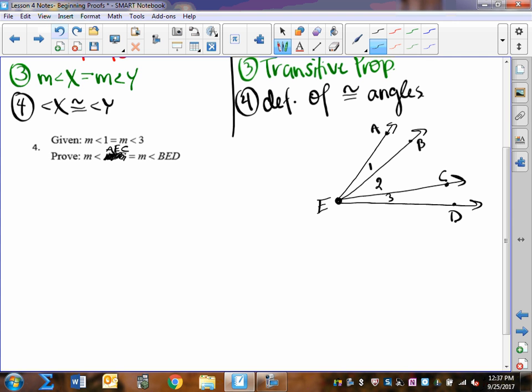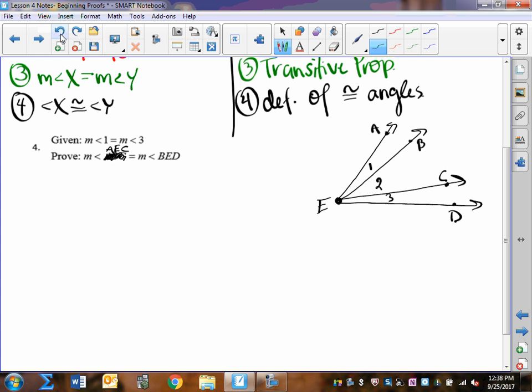All right. So they gave us that angle 1 and 3 are congruent, or sorry, the measures are equal. We know we can translate that to congruent. And then we want to prove that the measure of AEC, this big guy, is equal to the measure of BED. Now notice how our proof statement is in measures equal. So we probably won't need to switch it to congruency because we have measures and we finish in measures.